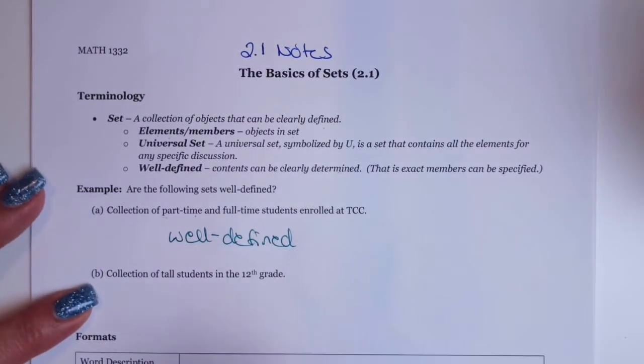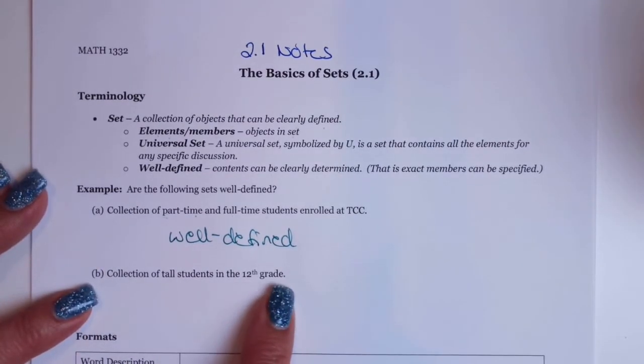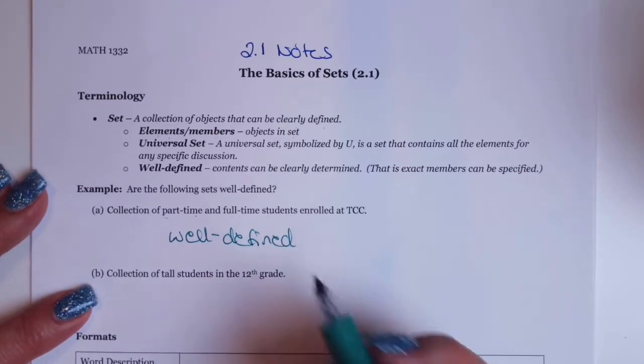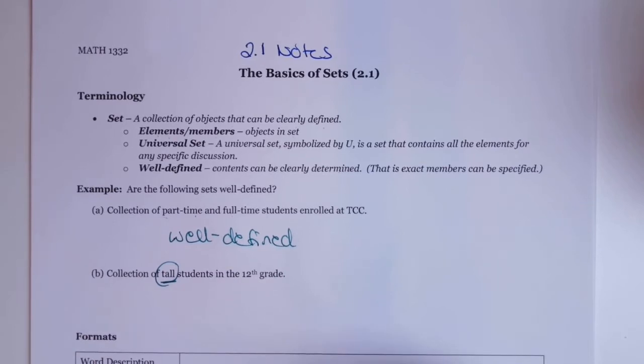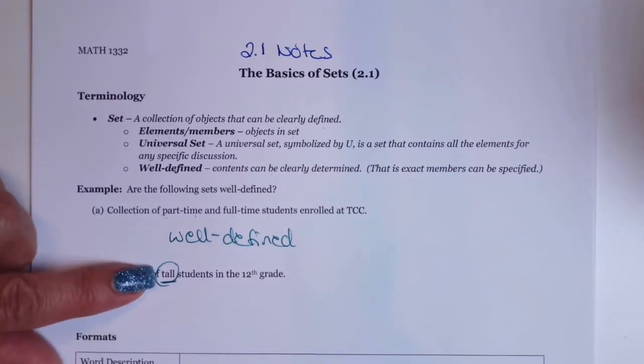Now for B, a collection of tall students in the 12th grade. Here, if we look at the word tall, what does that mean? It means different things for all of us. For some of us, 5'10" can be tall. For some of us, 6'4" is tall.